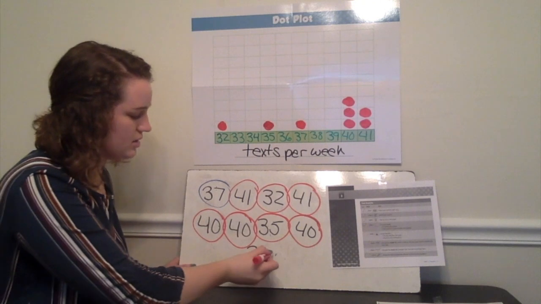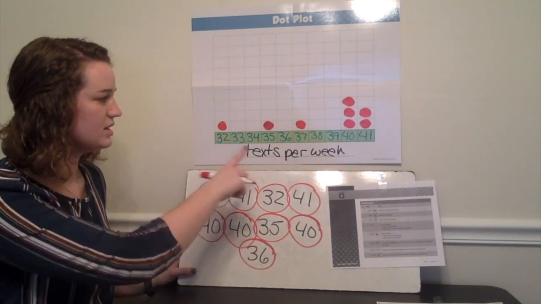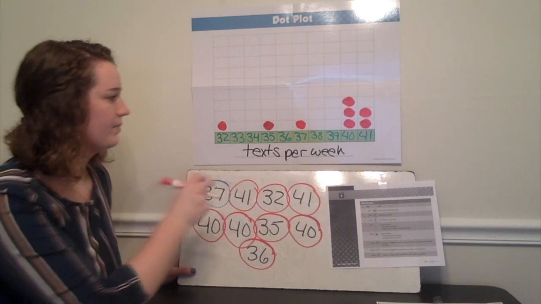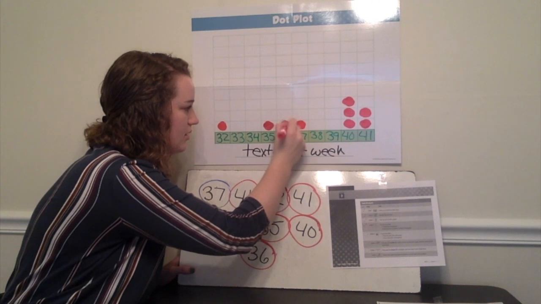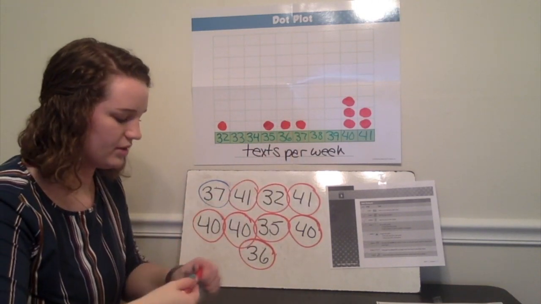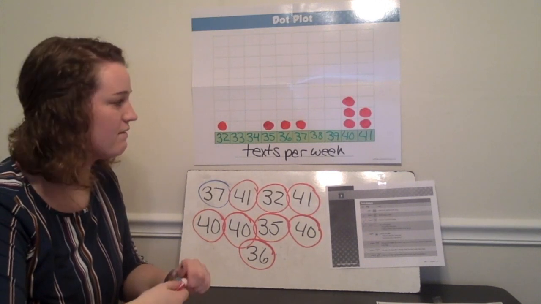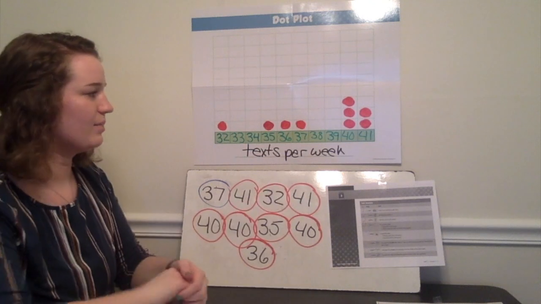Okay, and our last number is 36. So we're going to find 36 on here. There's 36, and put a dot right there. Okay. So I'll give you a little bit more time to finish that if you haven't already. But your graph should look just like mine, okay?